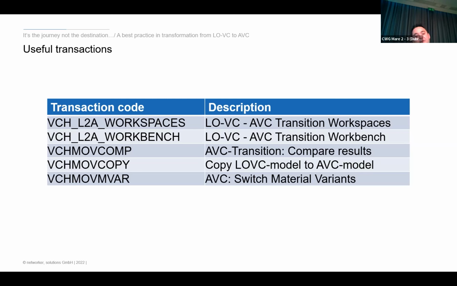If you would like to compare the results, you need to make a switch, and you have an additional transaction where you can make a comparison between your LOVC product model and the results in, for example, a sales order or production order with your new AVC. And you have also a transaction to switch the material variants. So at the end of the day, there are not that many transaction codes you need to know and use to do a transformation from LOVC to AVC.